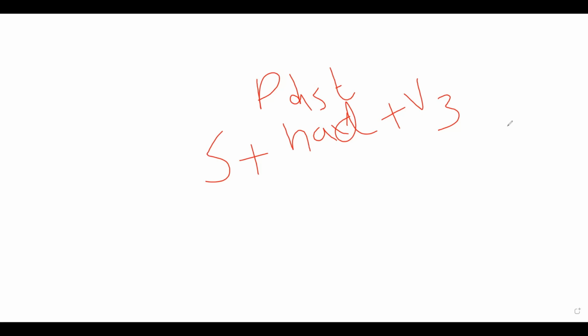She had written an article. Okay, she had written an article. Right. So tell me the negative form of your sentence. She had not written an article. Okay, right. She had not or hadn't. Right.